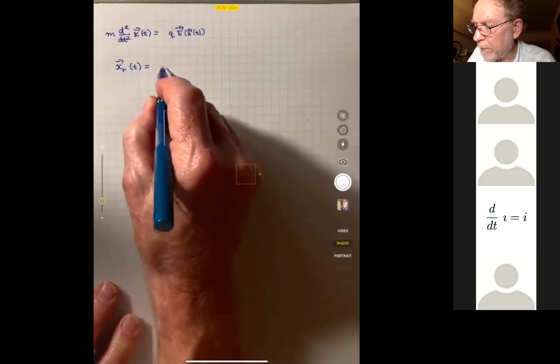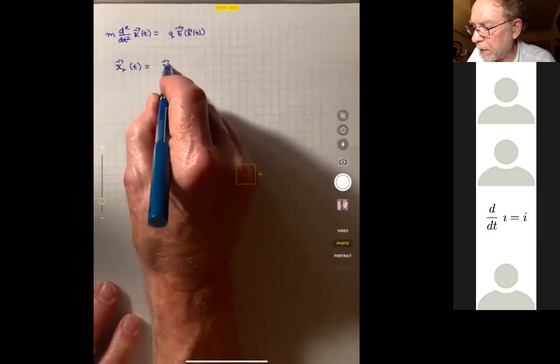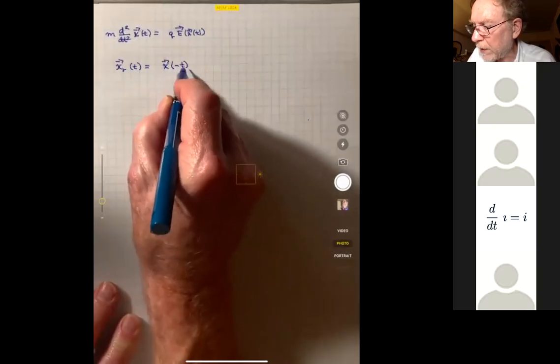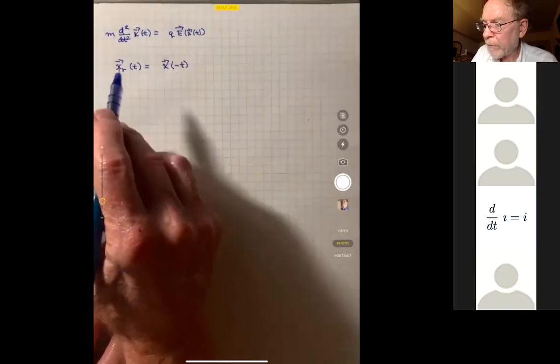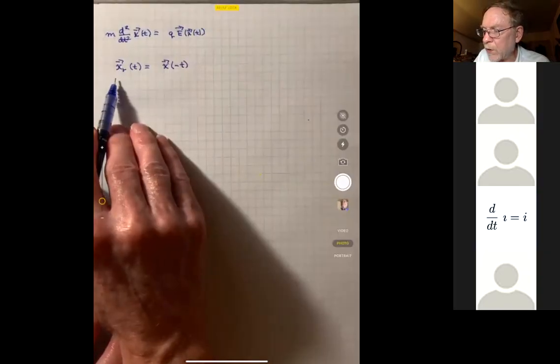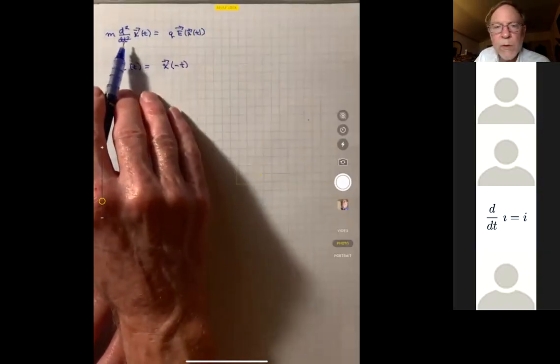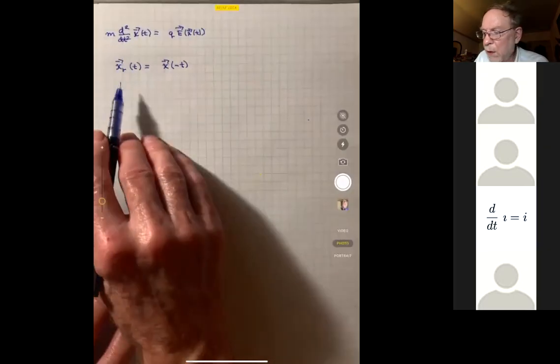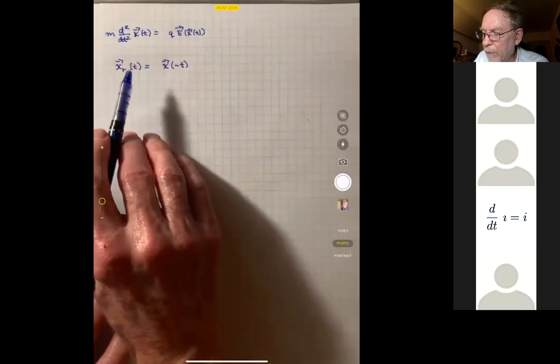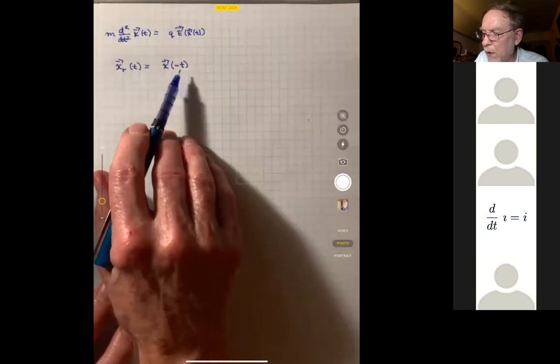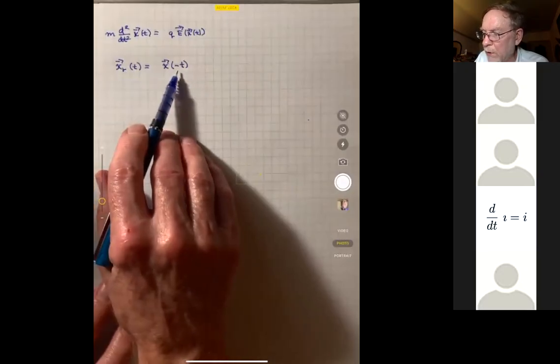The way we run the movie backwards, this is the same thing as x of minus t. That just defines x_r of t. Now the question is: is x_r of t a solution of Newton's laws, F equals ma, assuming that x of t is a solution? The answer is yes, because if I differentiate x_r of t twice, there are two sign changes, because there's a second derivative of x of minus t.